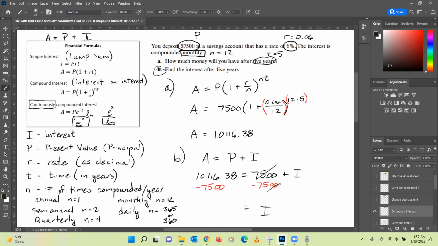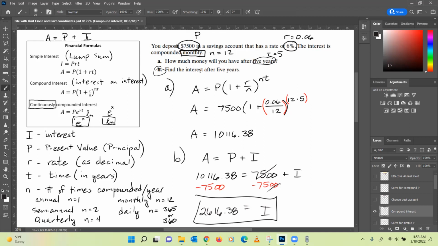I'm struggling typing in my calculator for some reason. Minus 7,500 gives me 2,616.38. So that's how much is interest. Notice it said find the interest, and I didn't go to any of the interest formulas. I just recognized that the amount I have in the account today minus the amount on day one is interest.